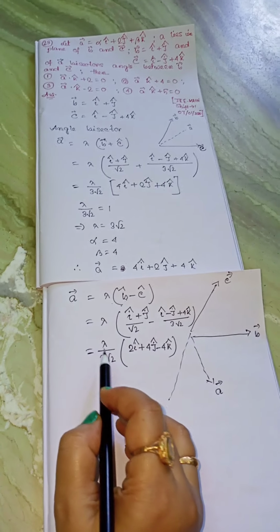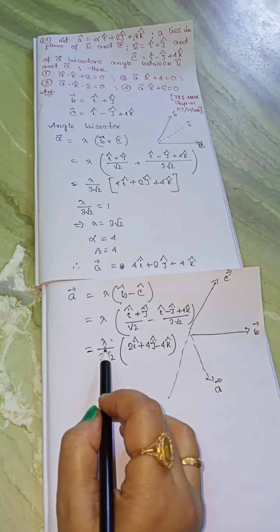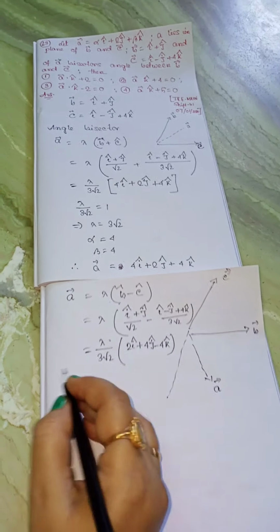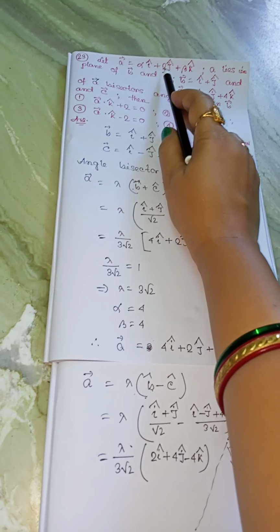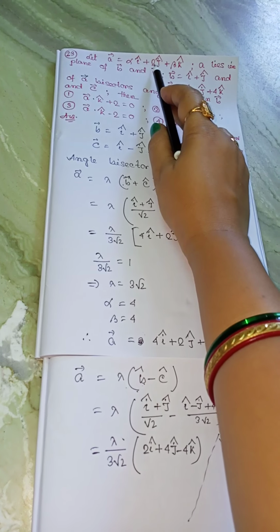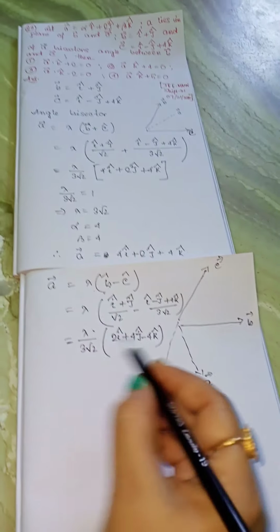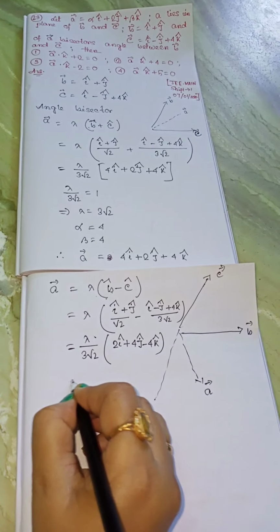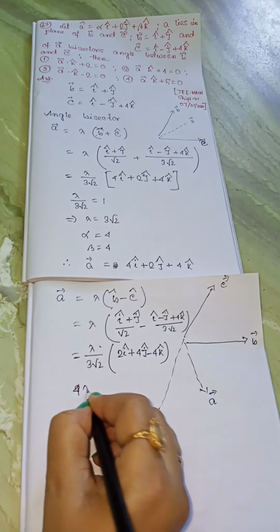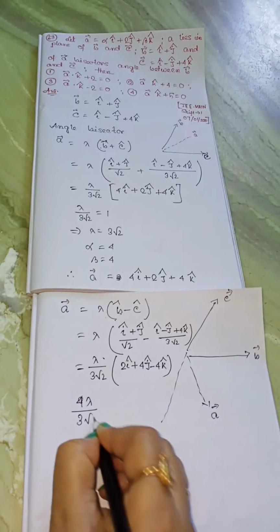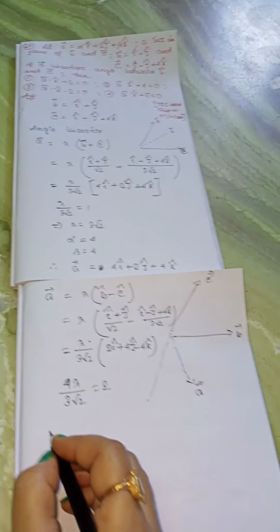And once again it is given that, multiplying every term, here 2 is the coefficient of j cap. Now j cap coefficient is 4 lambda divided by 3 root 2, that is equal to 2.